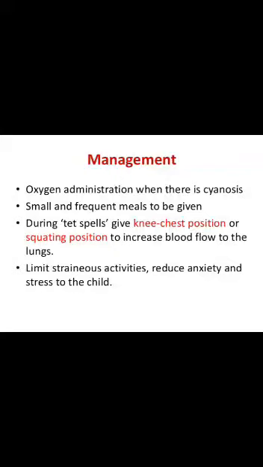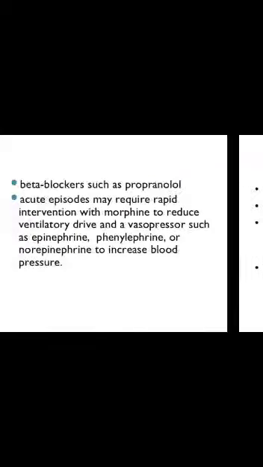Means we can limit the activity of the child, because the child has four types of heart defect. If the baby does extra activities, the baby has cyanosis or oxygen hunger in their body. So limit their activities and reduce anxiety and stress to the child.